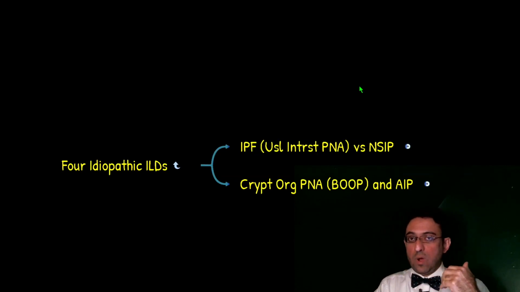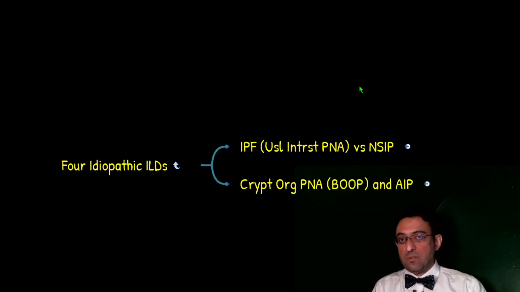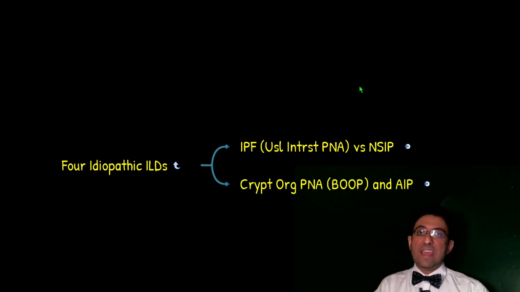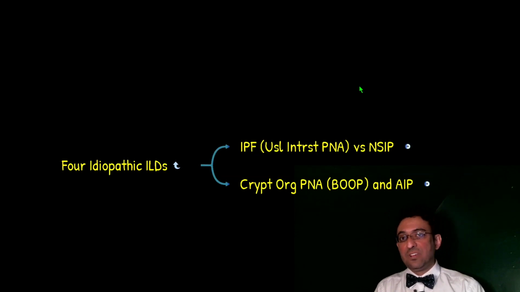We discussed the ones associated with some underlying etiology or secondary types. Please review them. They included pneumoconiosis, the granulomatous type, hypersensitivity pneumonitis associated with environmental organic exposure, and then we had the smoking related conditions.